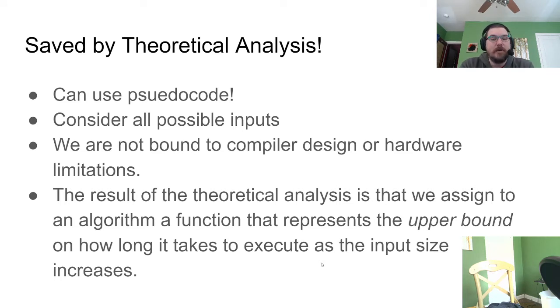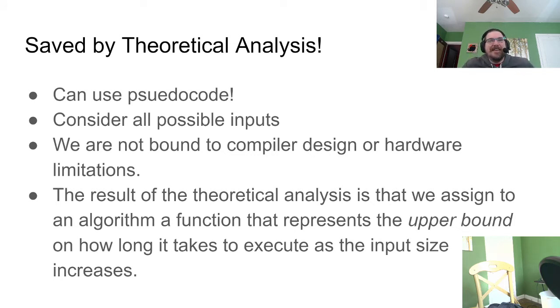Because we're using our brains, we can consider all possible inputs. We'll just think, well, what would take longer or shorter for this particular algorithm? We're not bound to compiler design or hardware limitations, just our own hardware limitations, which, you guys are running with probably better hardware than me, much more up to date.